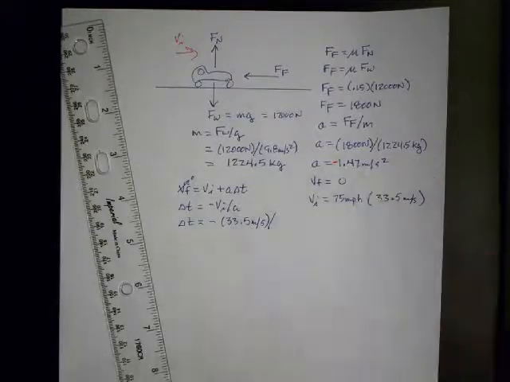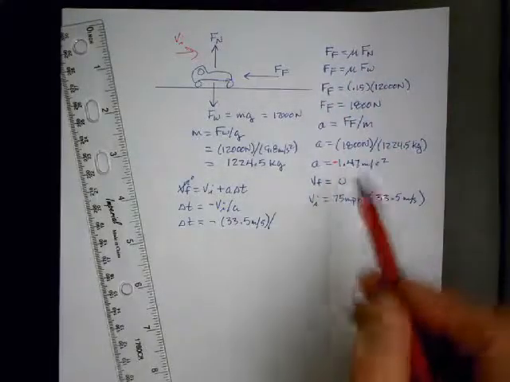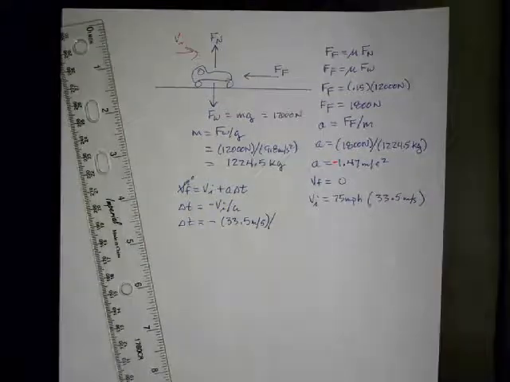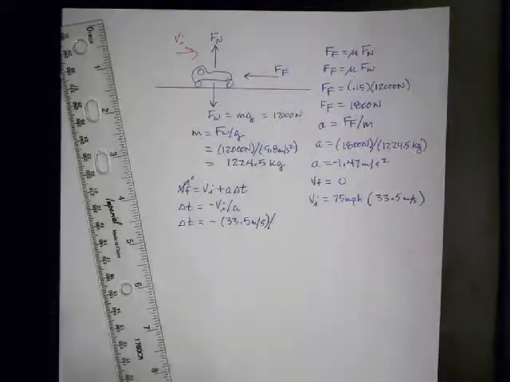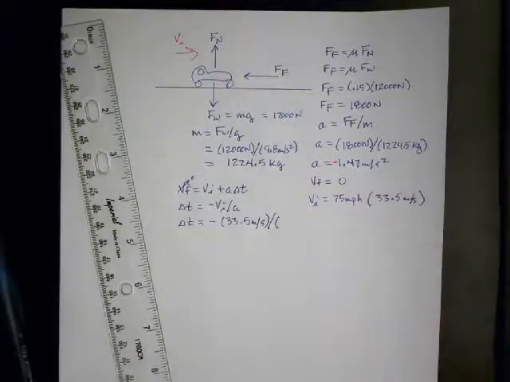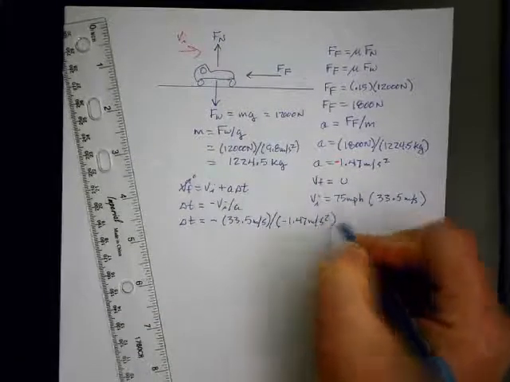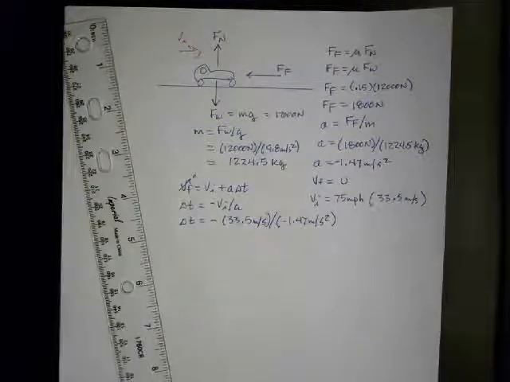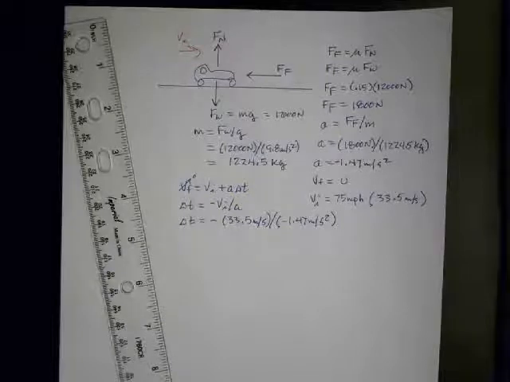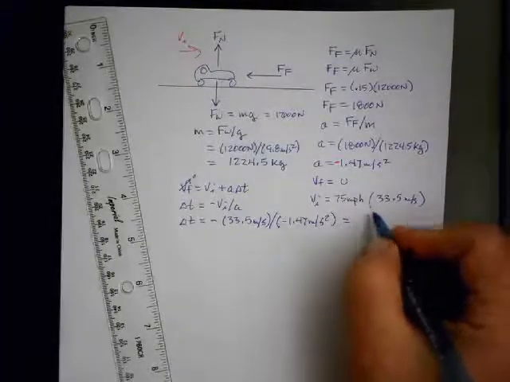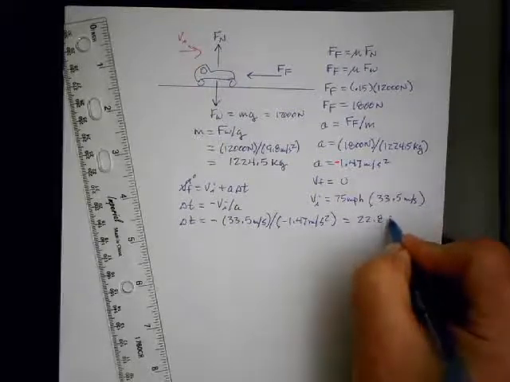So in fact, that is a deceleration to bring me to a stop. So it gets a negative. It wasn't from anything I did up here. It's from my picture. It's from my direction. And therefore my negative signs will cancel out. It's a negative 1.47. Otherwise, you might be concerned and go, well, wait a minute, I'm going to have a negative time. I can't have negative time. And basically, it's going to take about 22.8 seconds.